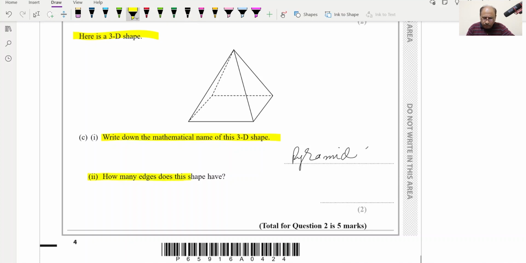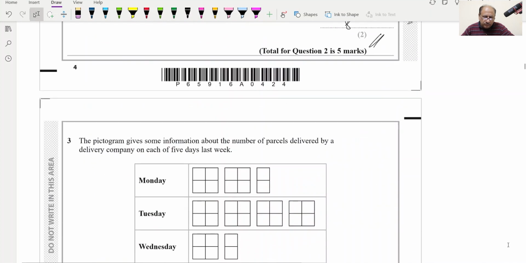How many edges does this shape have? We can count like this, 1, 2, 3, 4, 5, 6, 7, and 8 edges. So the answer will be 8 over here. This is the 2 marks part which we have done.